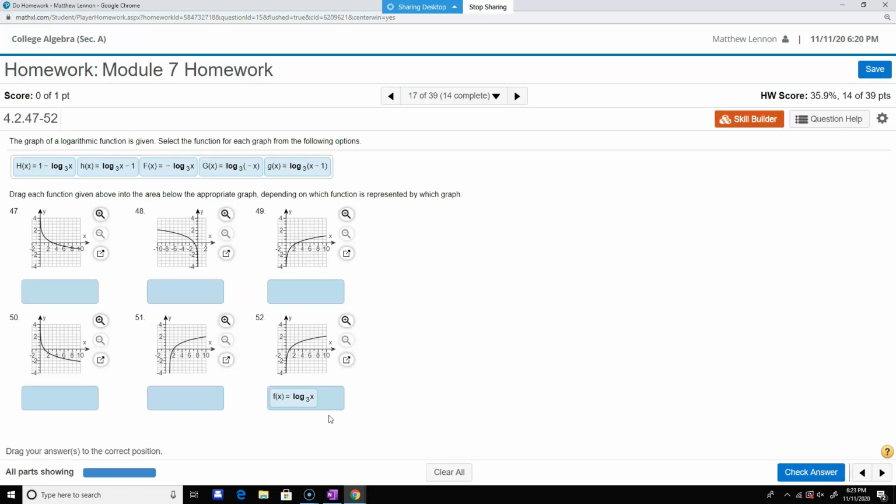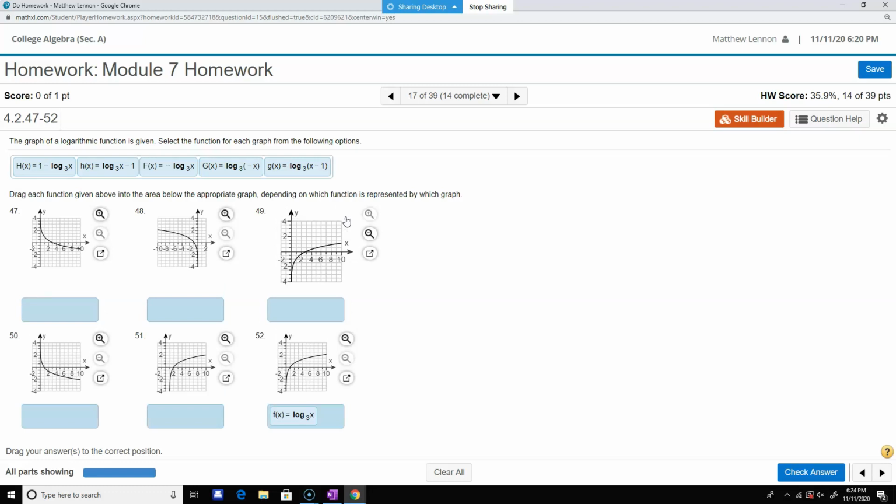Well, if you ask yourself what's going on where it crosses the x-axis? This one's crossing the x-axis at 1. Up here, this is crossing the x-axis somewhere else, it looks like at 3 maybe.